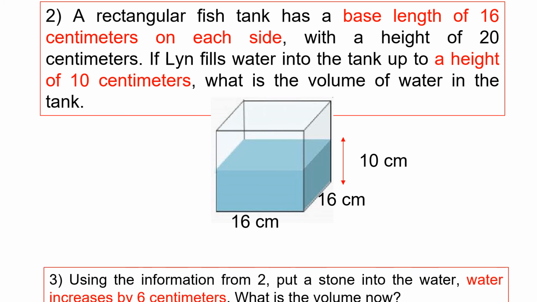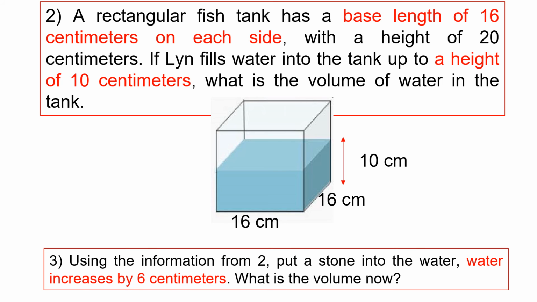So from here, there is a follow-up question using the information from 2. Put a stone into the water. The water increases by 6 centimeters. So what is the volume? So later on, we shall solve for that. But for now, we concentrate on problem number 2.